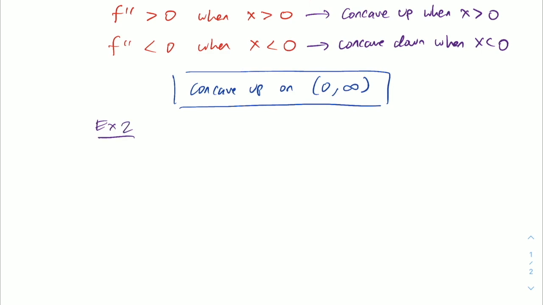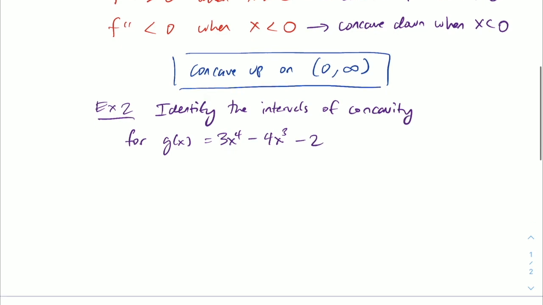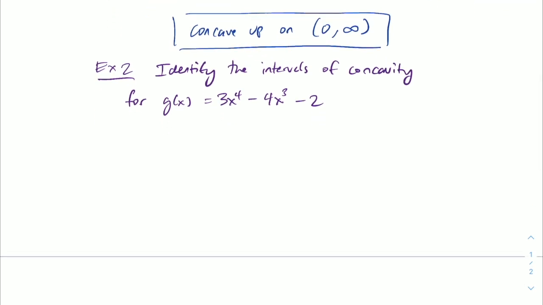In this example, we want to identify the intervals of concavity for the function g of x equals 3x to the fourth minus 4x cubed minus 2. We're going to use the second derivative. First, find the first derivative: 12x cubed minus 12x squared.